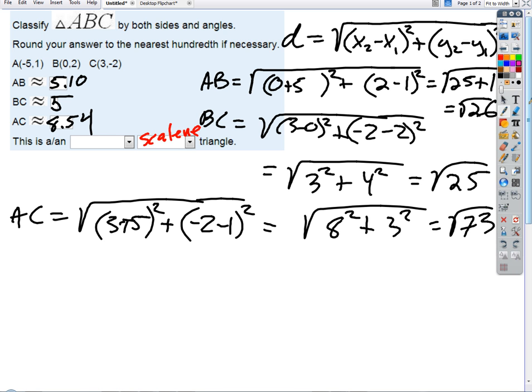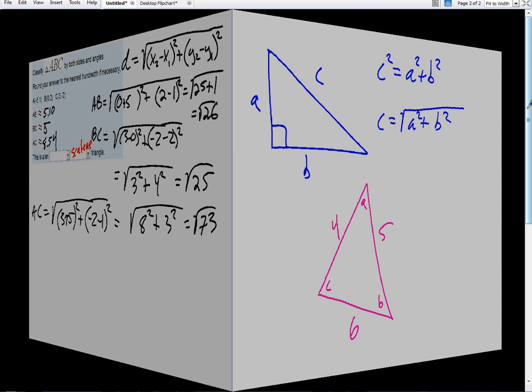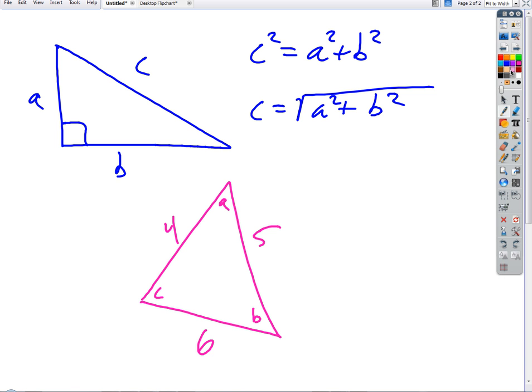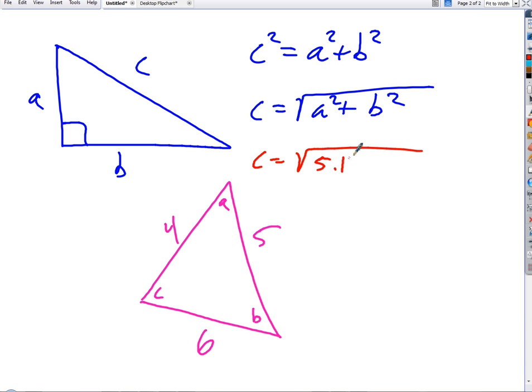So we'll go back to this page, and this is what we want to do. We want to calculate C, what the hypotenuse would be, right? So if we plug in the square root of 5.1 squared plus 5 squared, because those are the lengths of the legs, what do we get?